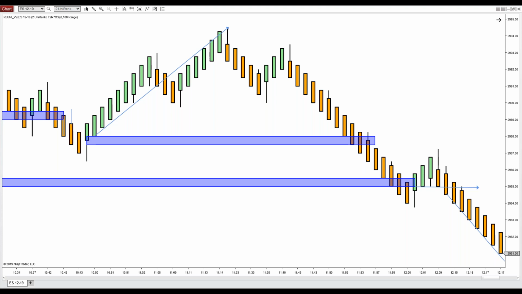Anytime you're trading a 6 range, you default to 5 and take the next higher, which is 8. So if you're in between, you just go to the nearest one and then take the next highest fib number.